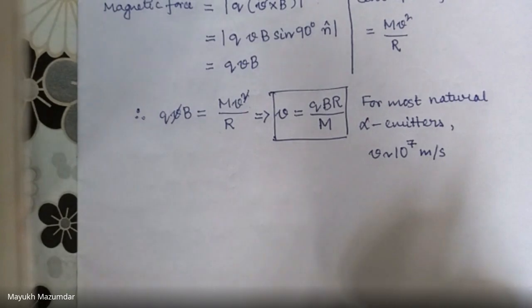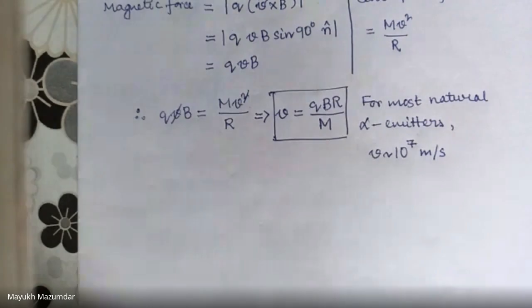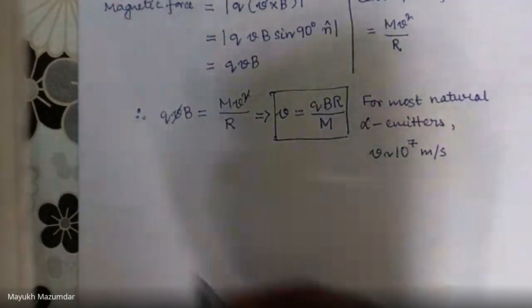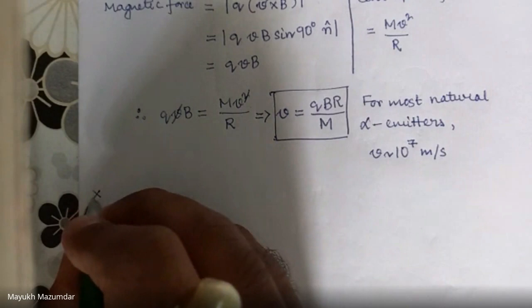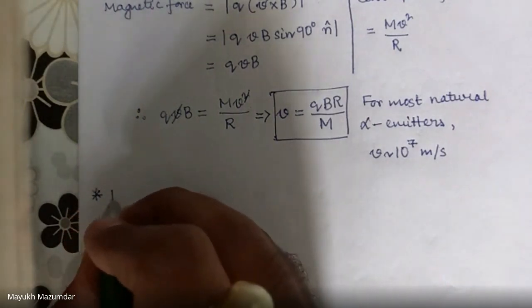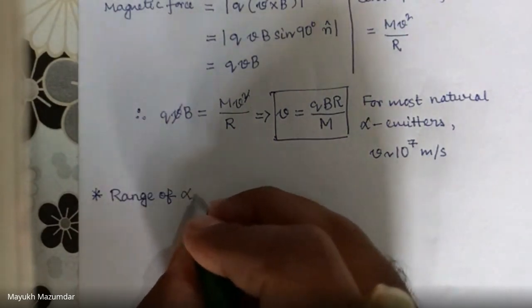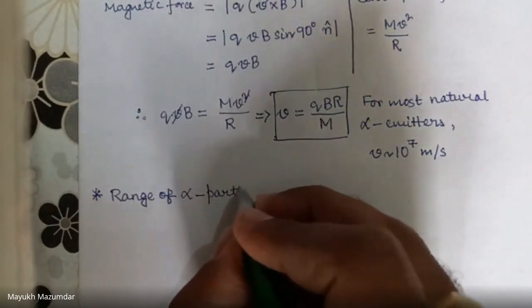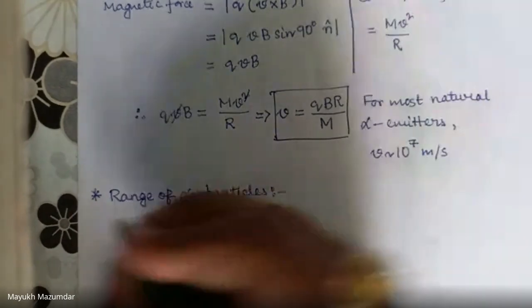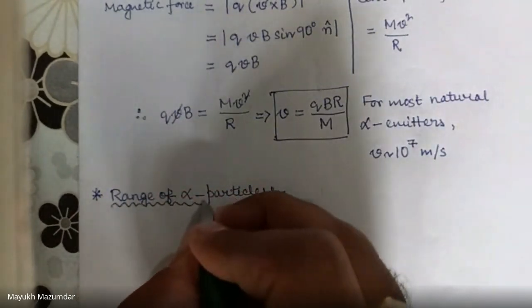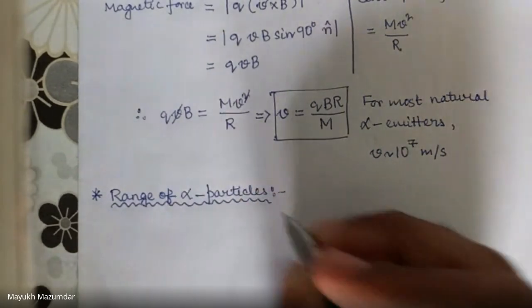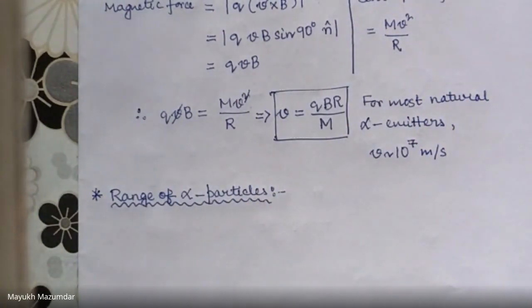So this is how we can find the velocity of an alpha particle. Next is a very important concept in this regard called range of alpha particles.